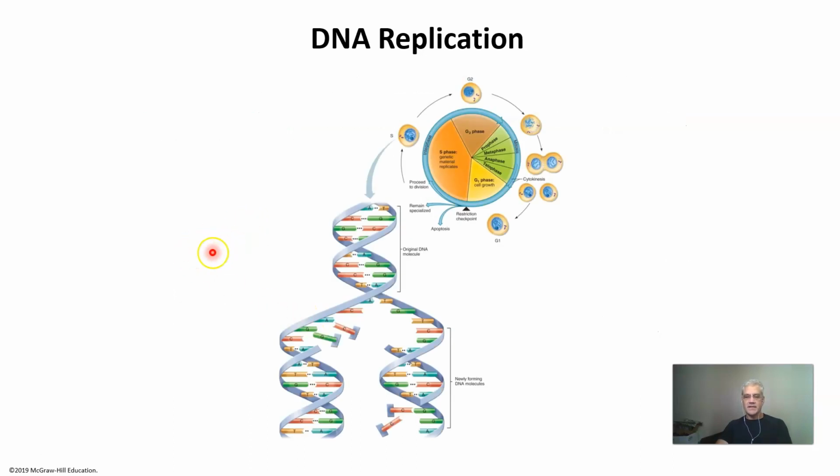So this is a picture of how it happens. Here's our cell cycle. You already know about the cell cycle. So here in interphase, during the S phase, is when this occurs.